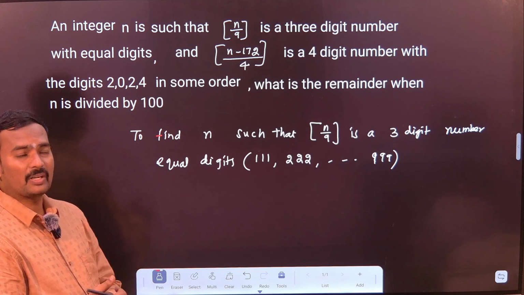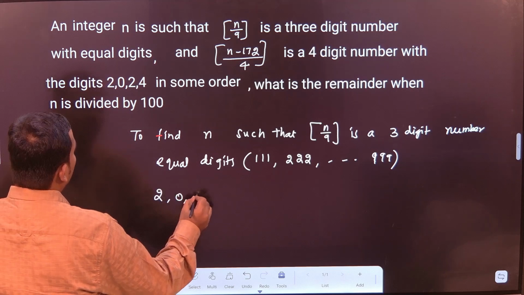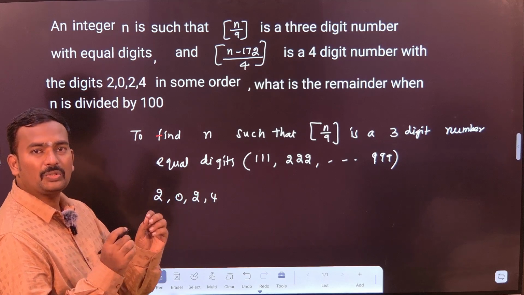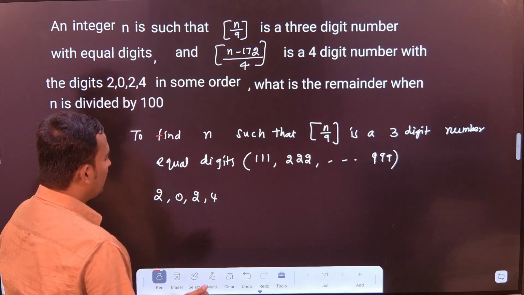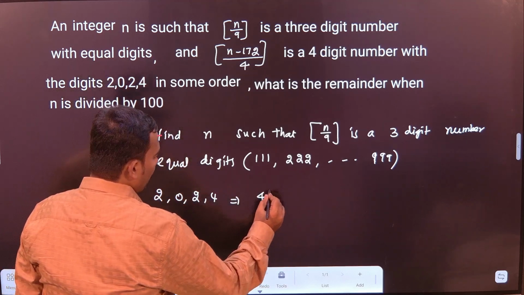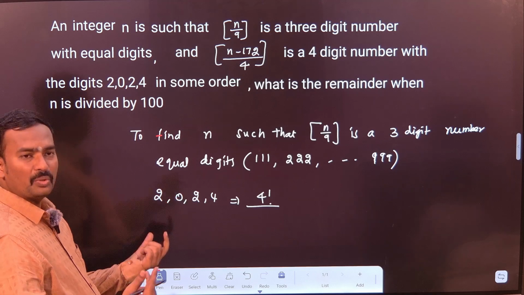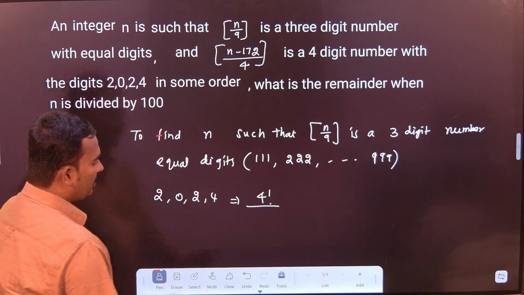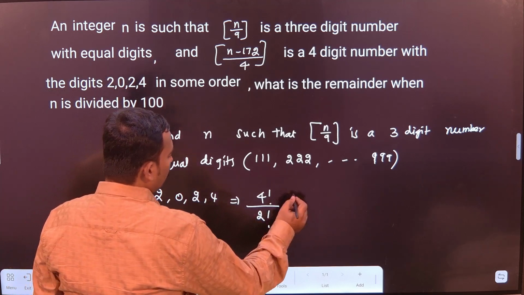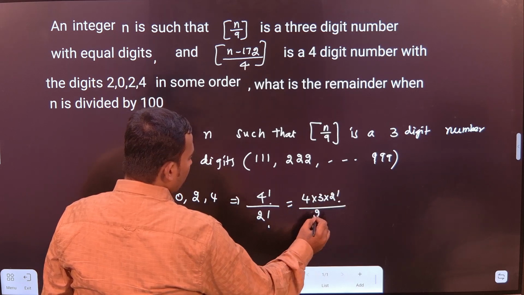What 4-digit numbers are there? You can see 2, 0, 2, 4 is there. Using these 4 digits, how many 4-digit numbers can you frame? There are 4 digits, so 4 factorial, and since 2 digits are repeating, you divide by 2 factorial. 4 factorial is 4 into 3 into 2 factorial, divided by 2 factorial.